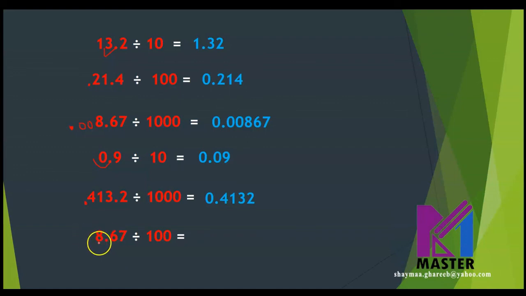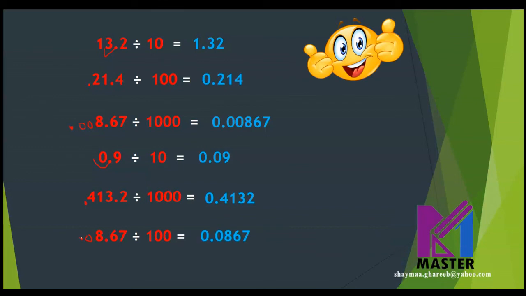I only have 1 digit to the left, so I will add 0 before the whole number. So I can move the decimal point 2 places to the left. So 1, 2. The decimal point will be here. So the number will be 0.0867.